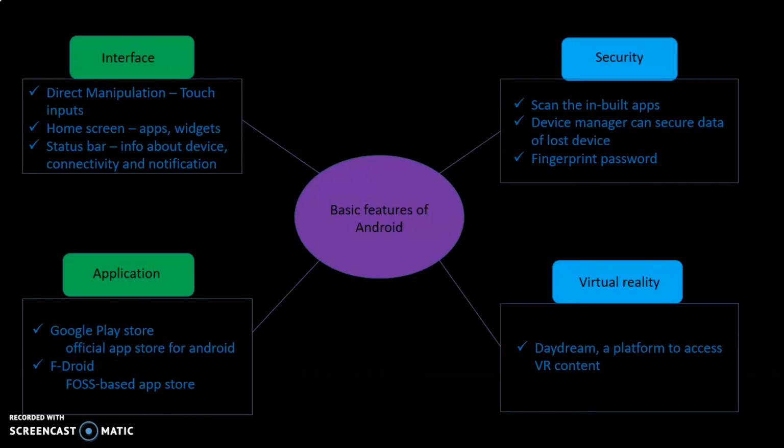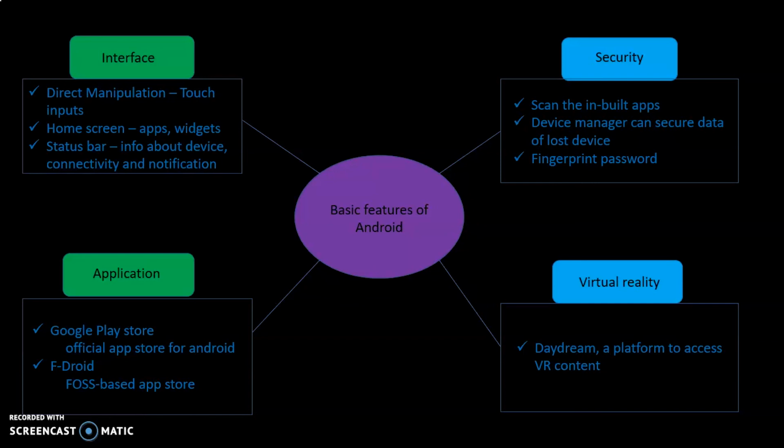And we have also seen the basic features of Android. In the interface we can have direct manipulation with the touch screen, and in the home screen there will be the apps and the widgets. In the status bar we can get info about the device, the network connectivity, and the notifications. For security purposes we can have the fingerprint password, we can manage our device if it is lost, and we can also scan the apps in our devices.